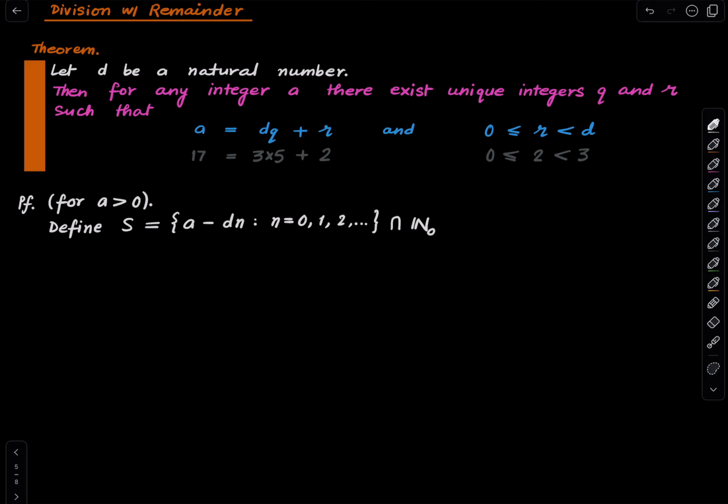So this is our set. What are we doing? We are collecting all such numbers which are non-negative. If you take n too big, then ultimately this will become negative. So beyond that n, we will just not consider those n. I hope this set is clear.